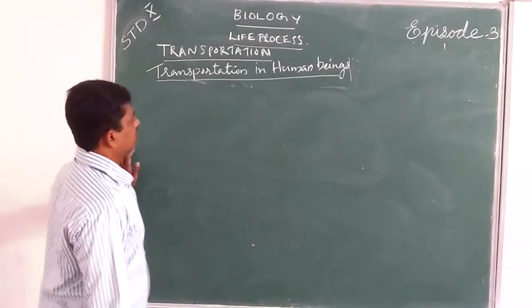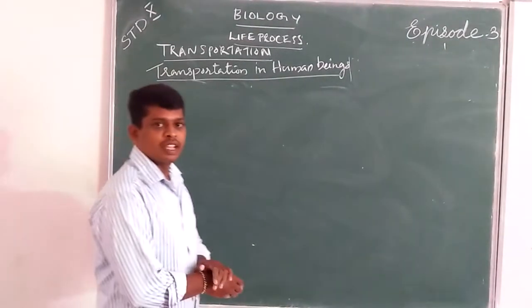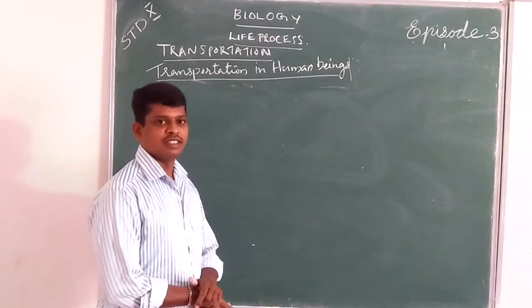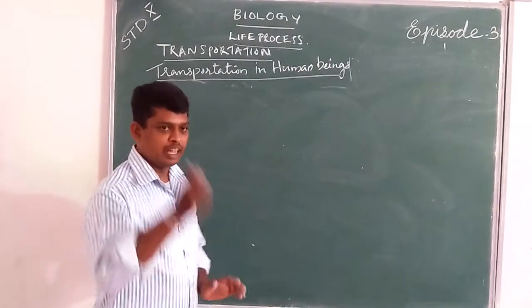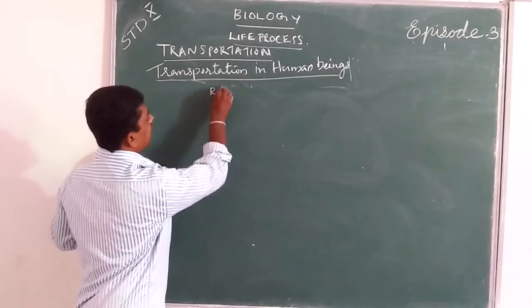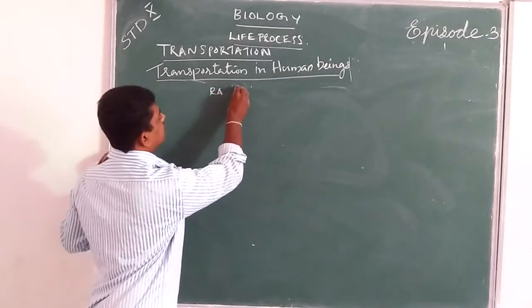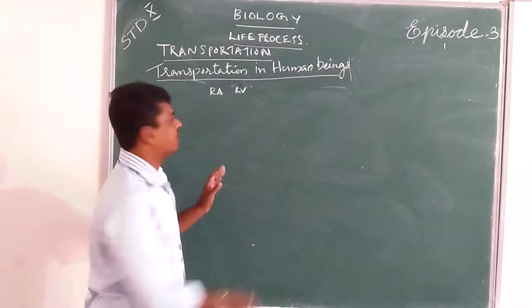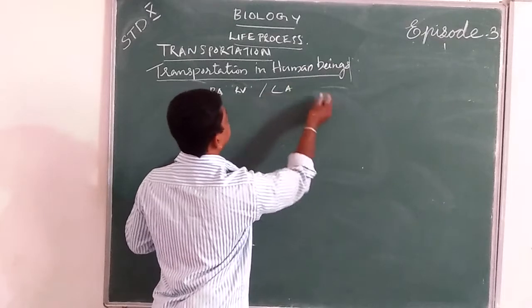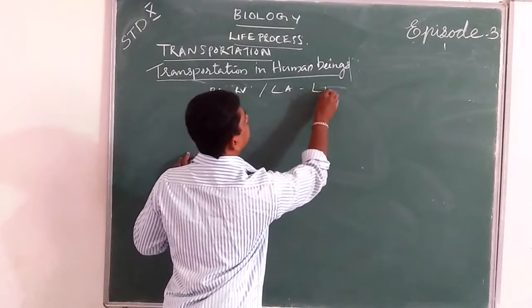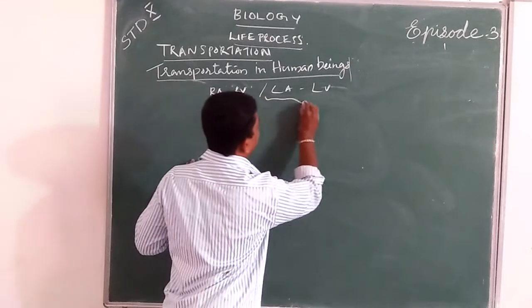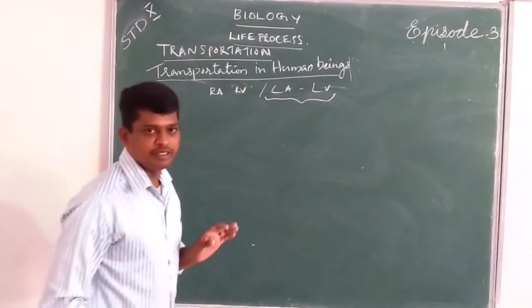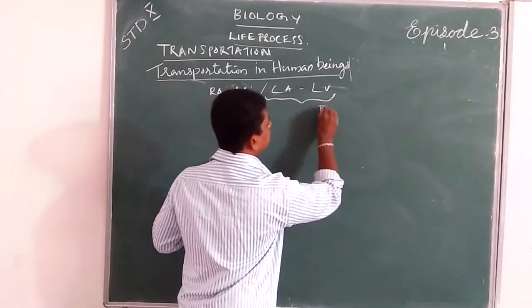Look at the double circulation in the heart. That means the right atrium and right ventricle, and the left atrium and left ventricle.